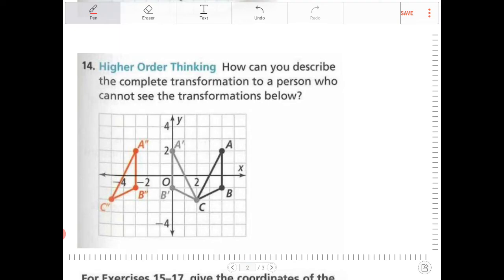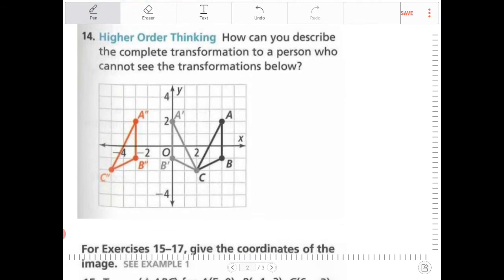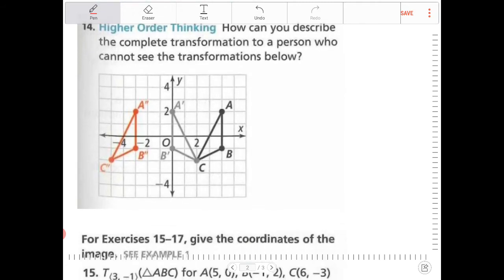How can you describe the complete transformation to a person who cannot see the transformation below? I have the image right here. The red is the final image.